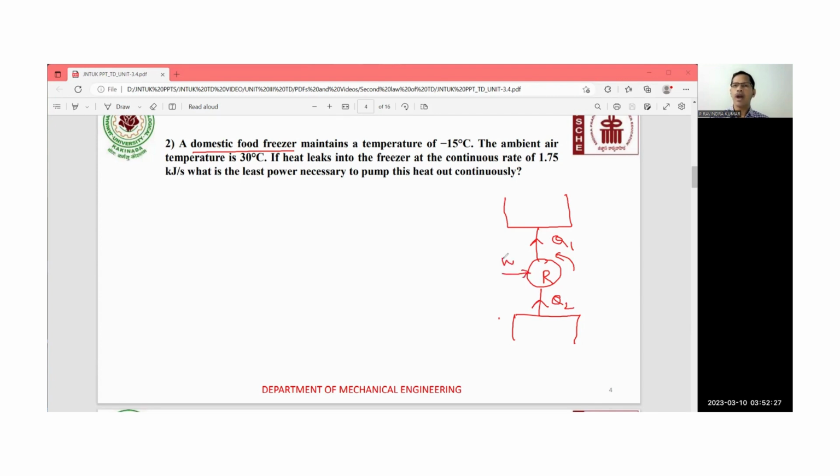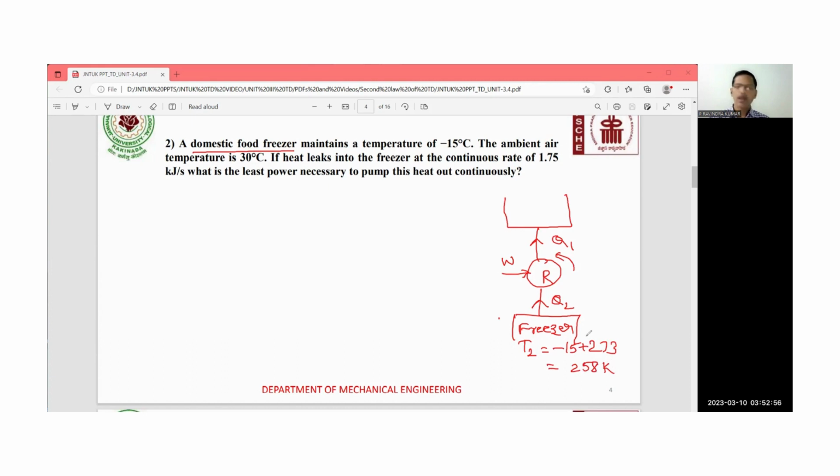Here you have to give some work input. This is the freezer, the freezer or evaporator part in a household refrigerator. For this freezer, T2 is equal to minus 15 plus 273, so it is 258 Kelvin.